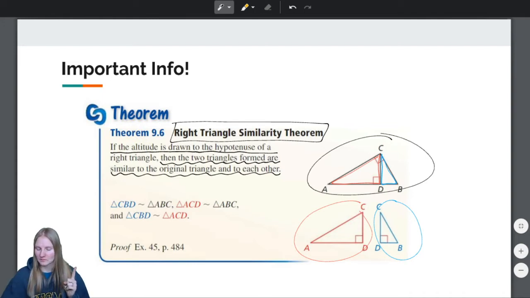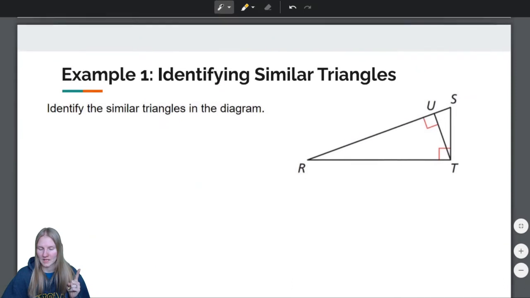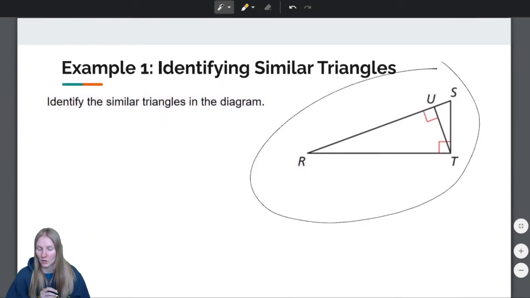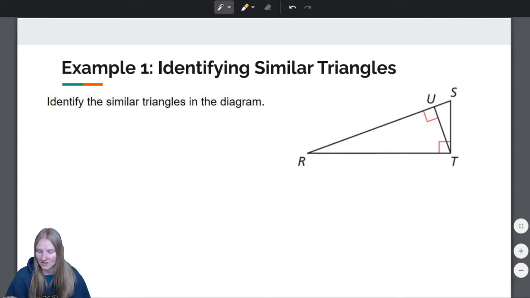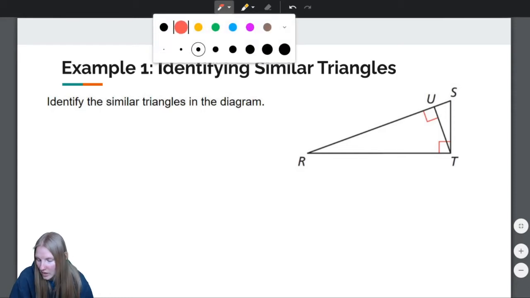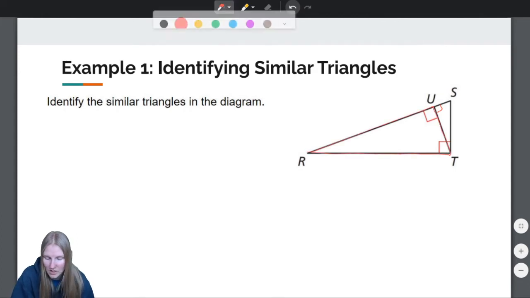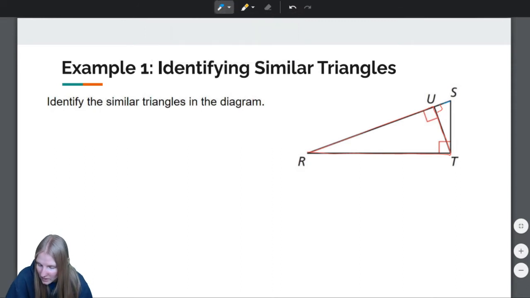So our first example is being able to pick apart a triangle. We can see that we have a right triangle, RST, and we can see that there are two other right triangles in here. There's triangle RUT, and there's triangle SUT.